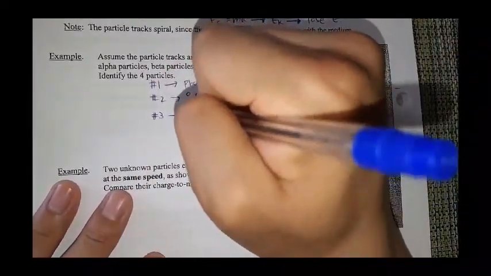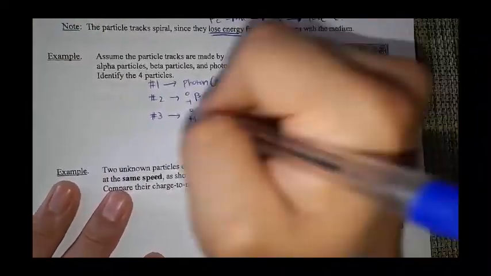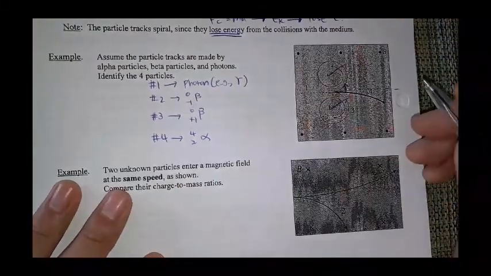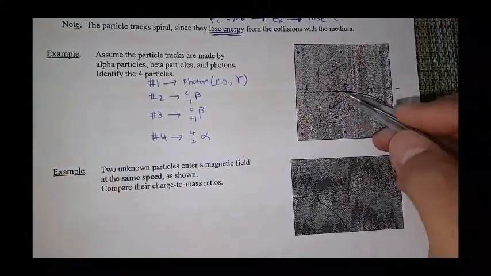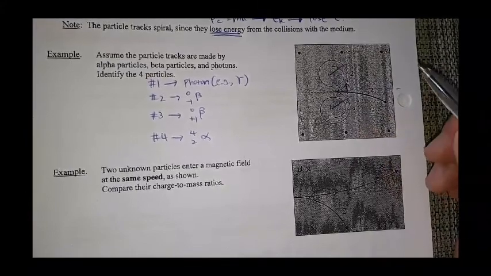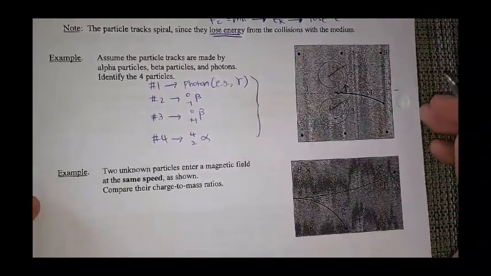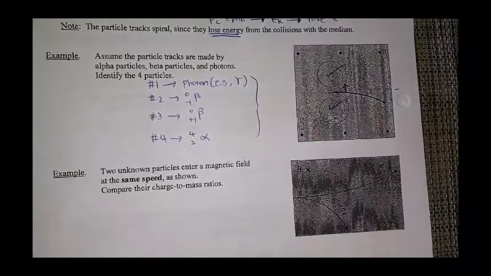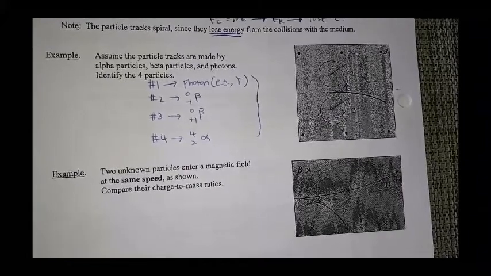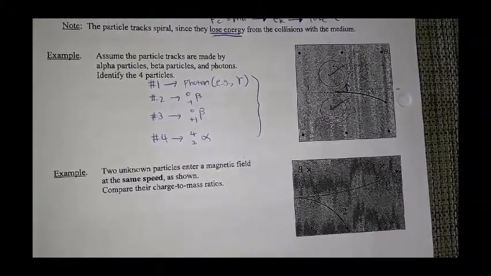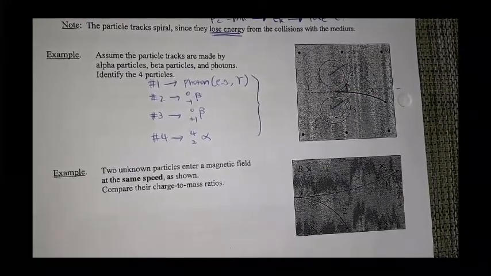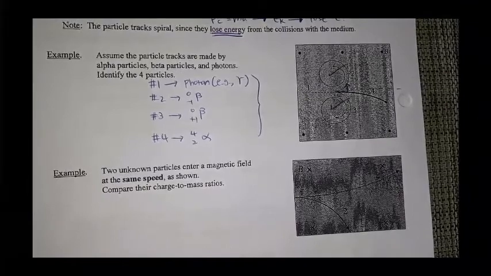So you can decide this as a positron. 4 will be my alpha particle, first thing first, because it's going larger circle and has thicker line. There's those 2 evidences. That's how people detect what kind of radioactivity is going on. We just need to have some kind of a detector and some kind of chamber that include liquid and bubbles.